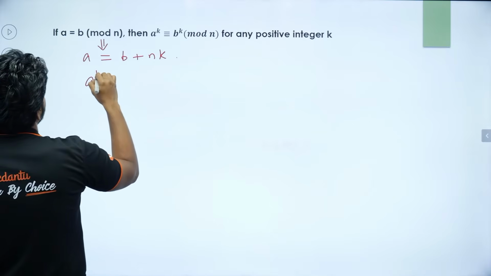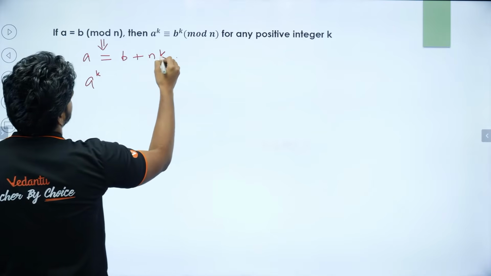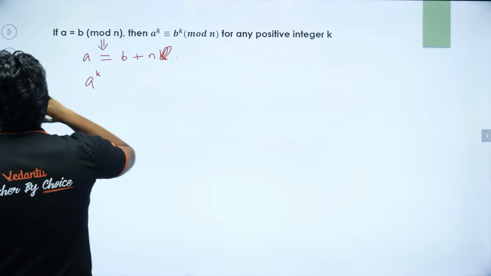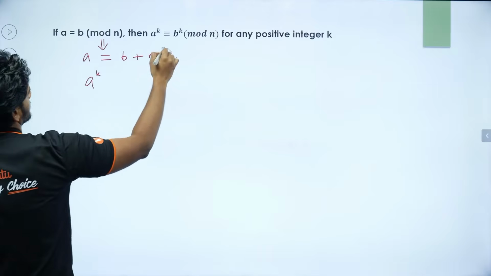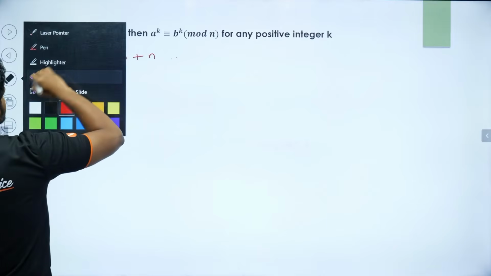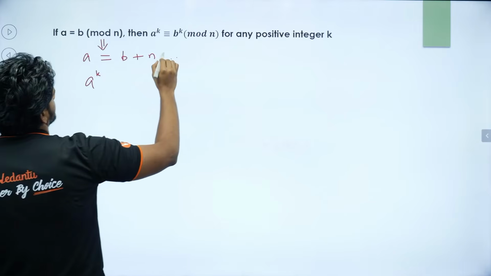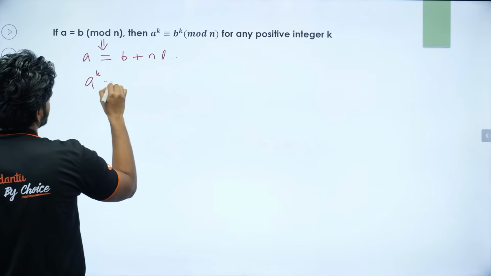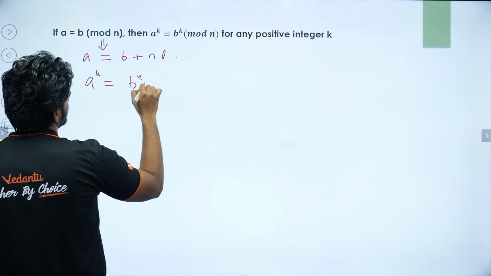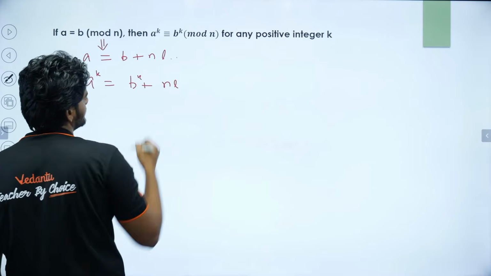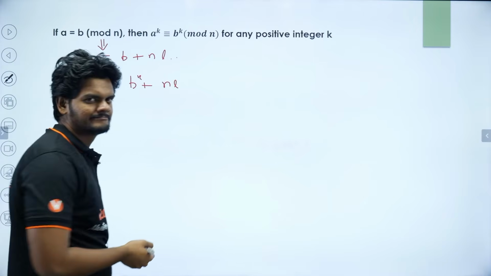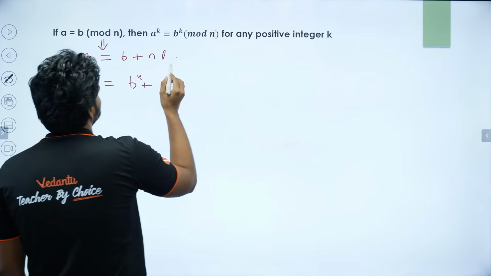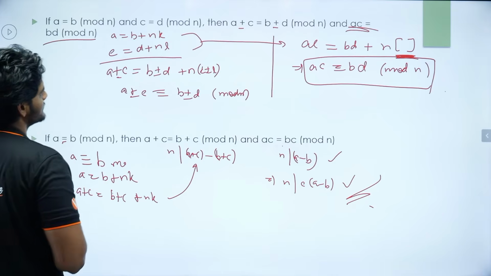So, A power k, k I cannot use, maybe some L. A power k will be B power k plus, so if you know the binomial theorem, you must know this.